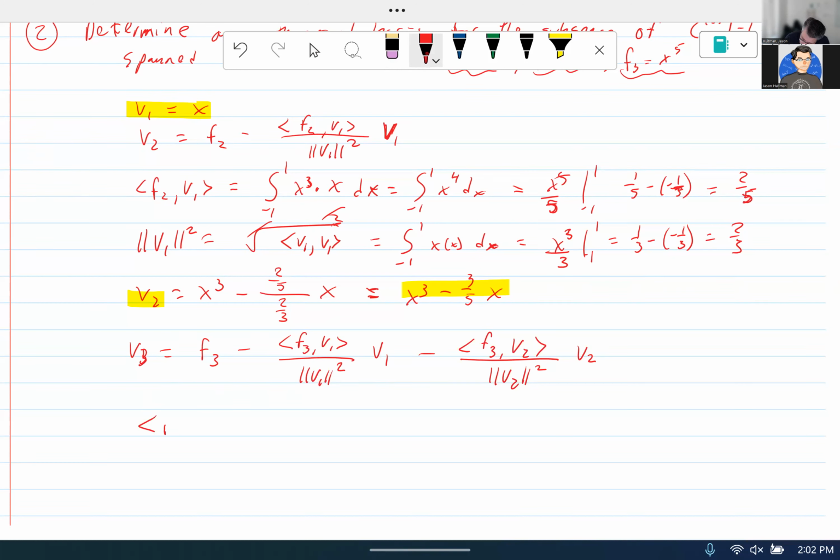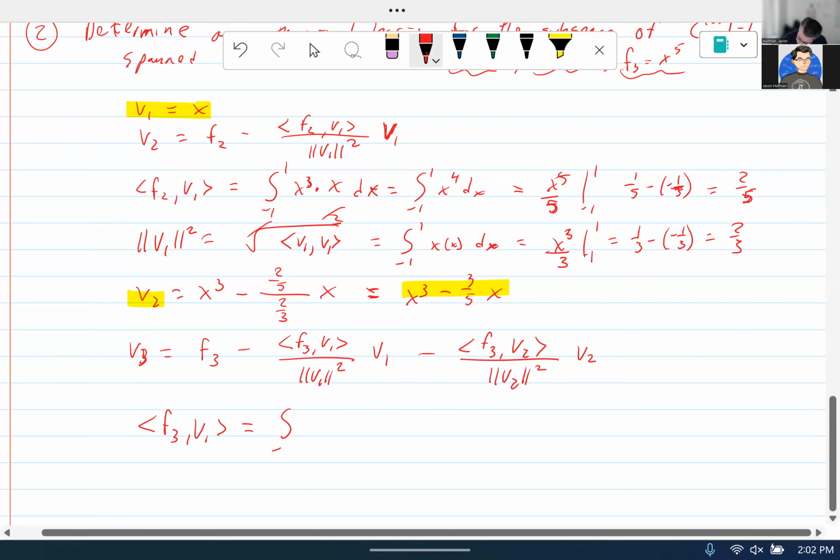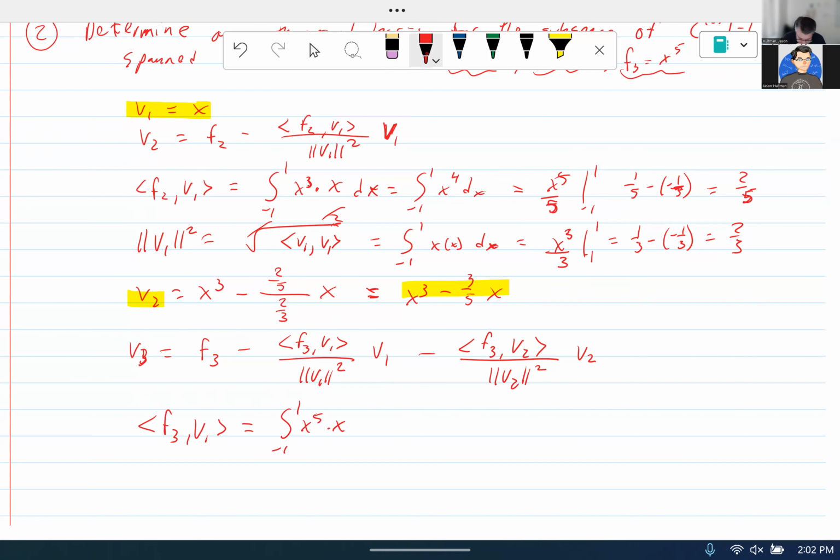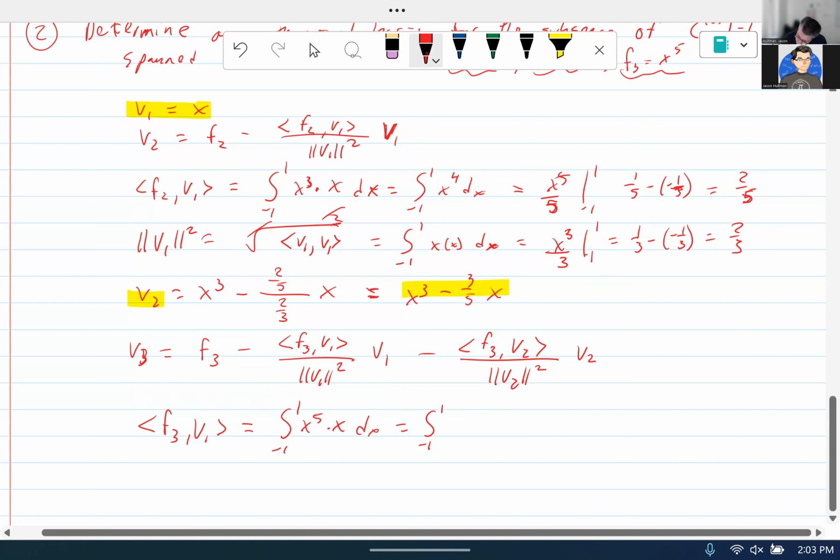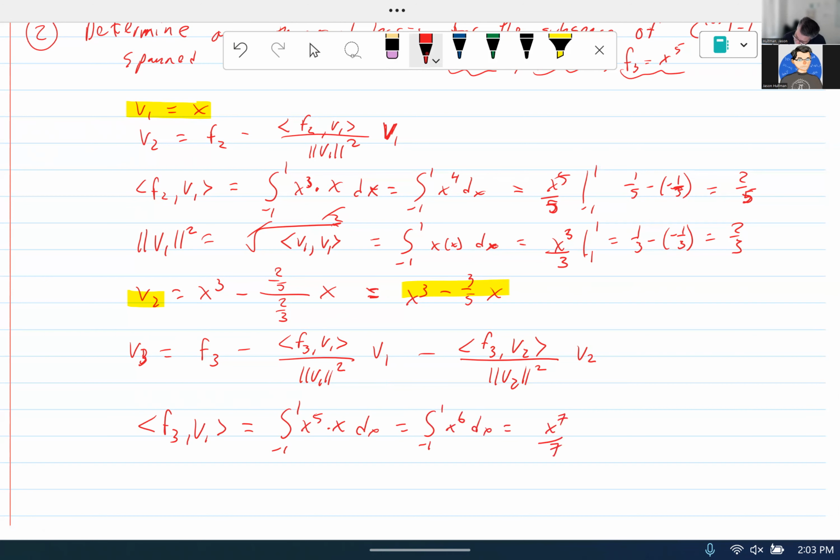So what's F3 with V1? F3 with V1 is going to be the integral from -1 to 1 of x to the 5th times x, which is just x to the 6th, which is x to the 7th over 7 from -1 to 1. And because, again, it's odd, this becomes 1/7 minus -1/7, which is 2/7.